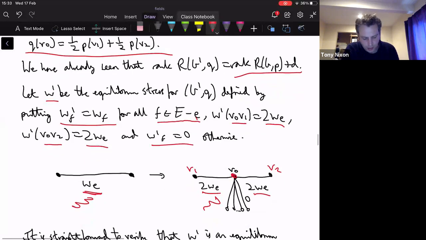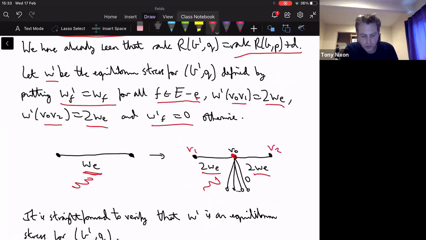Okay. So now if we look at the picture, we want to check that this actually was an equilibrium stress. The only vertices we have to care about are the end vertices of things that were changed in the graph operations. These ones, they got a 0, so that didn't make any difference. Here we had omega E, so at this vertex, we've replaced omega E times that vector difference with a half and a 2.